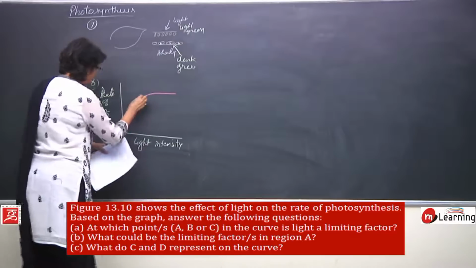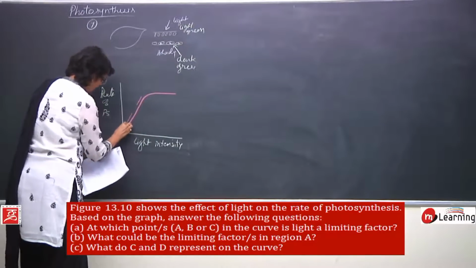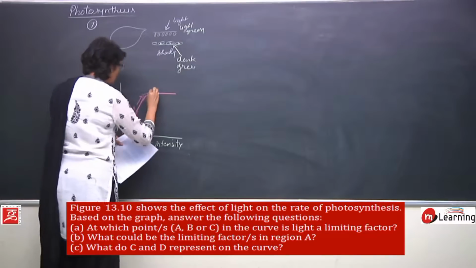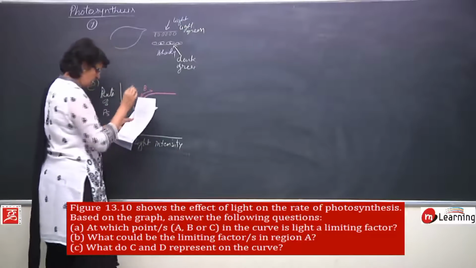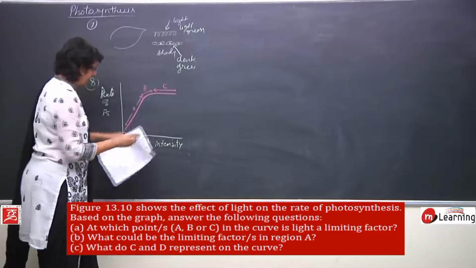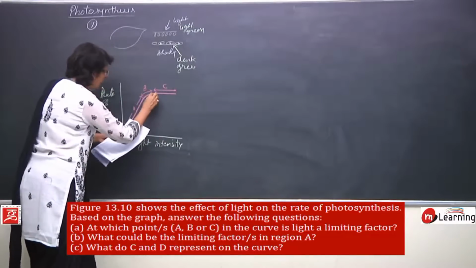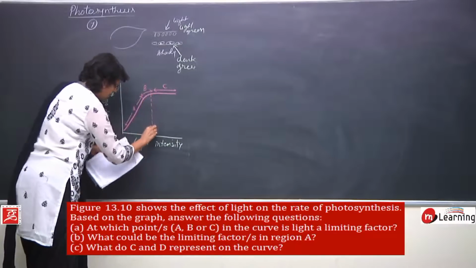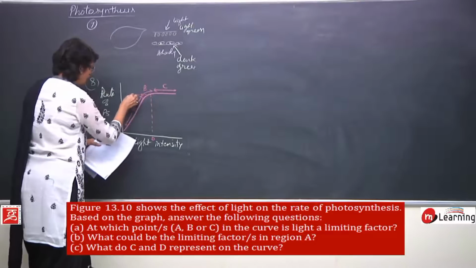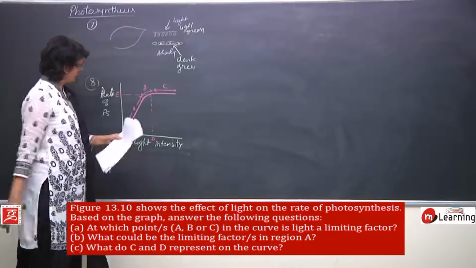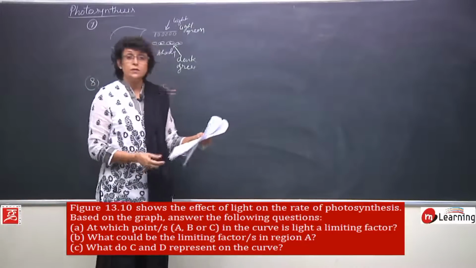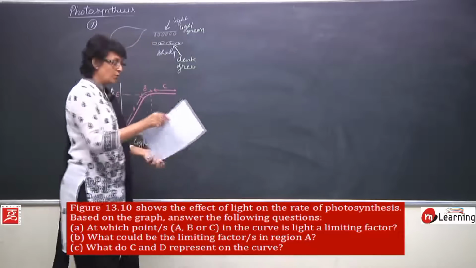And they have put an arrow here which says A, an arrow here which says B, an arrow here which says C. Then from the end of B, there is a dotted line which is coming down, this is D, and there is one line which is going here, it is E. This is the graph, figure 13.10, and the question is related to this graph.